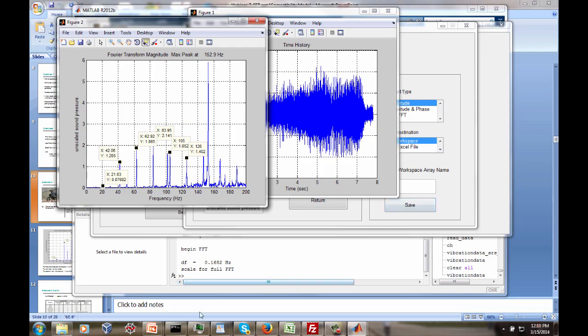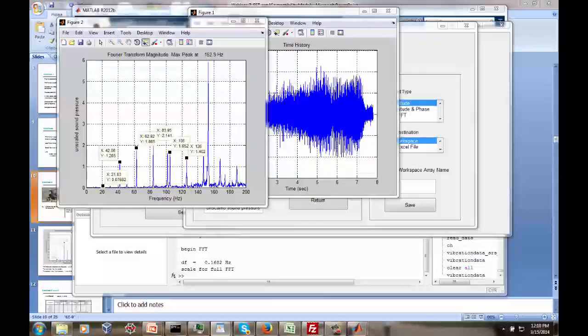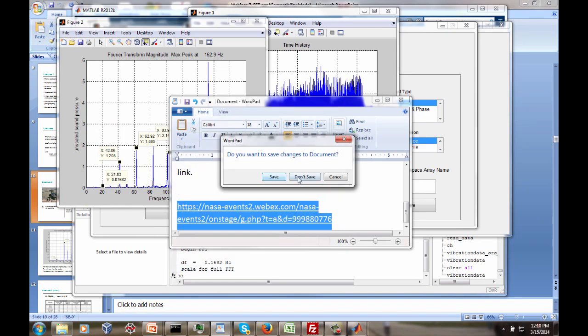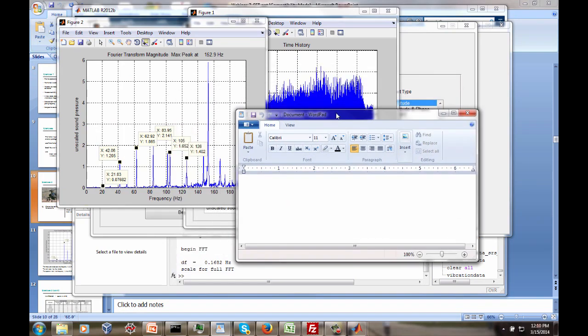Our question to resolve, and let me pull up WordPad here just to show you what's going on, if you'll be patient with me. File, new. We have a pattern of peaks at 21 hertz. That's our pattern.